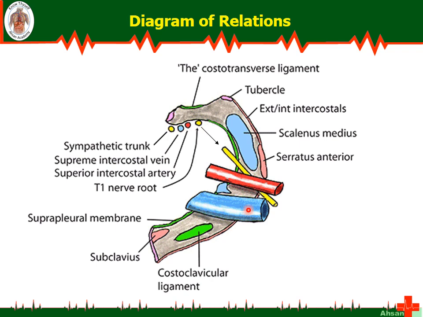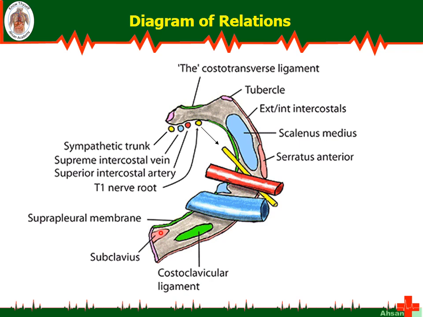In the anterior part, the groove contains the subclavian vein only, and there are some important attachments. This is the area for Sibson's fascia, scalenus anterior, scalenus medius. This is the serratus anterior muscle. This is the costoclavicular ligament, running between the rib and the clavicle.